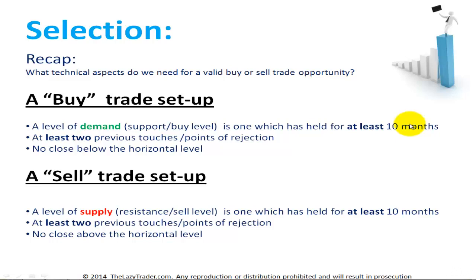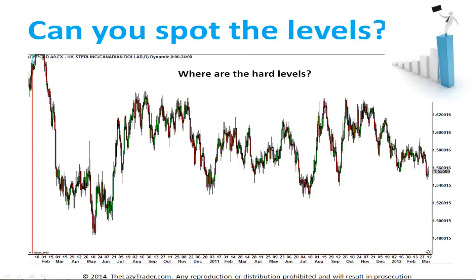It's had at least 2 previous tests or points of rejection, and crucially no close above the horizontal level, because just like with the previous buy trade setup description, if we get a close above the horizontal level, i.e. above the level of supply, that means that the level is now invalid, and of course we want the level to be a watertight ceiling in the way of price, and we're not going to get that if we've got the close above the level if we're looking to go short, or the close below the level if we're looking to go long.